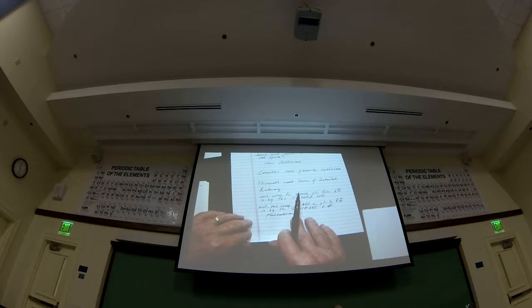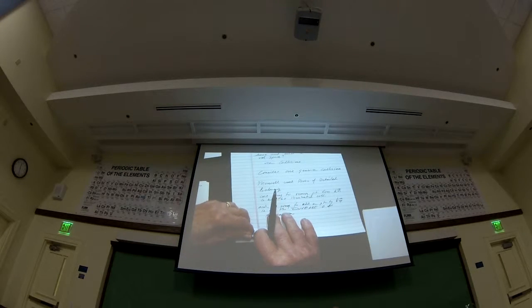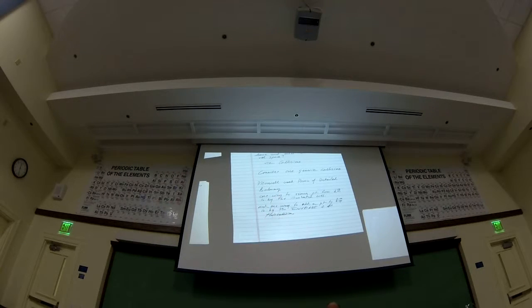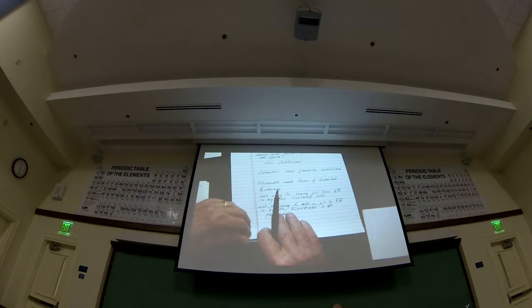Now, detailed balancing requires the probability of a forward collision to be the same as the probability of the inverse collision. And if you invoke that for every collision, you wind up with a stable distribution of velocity space.